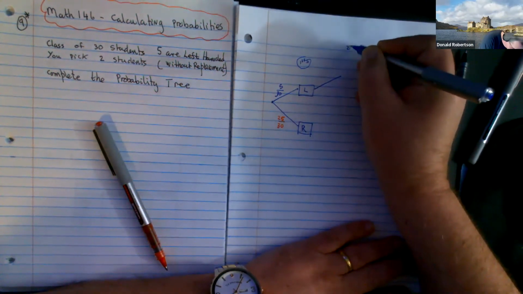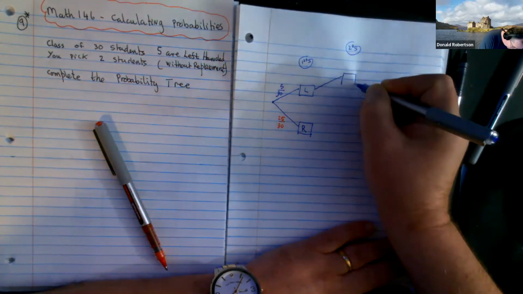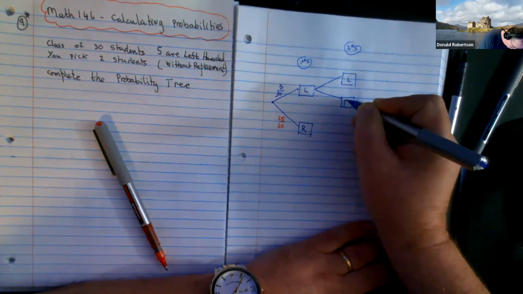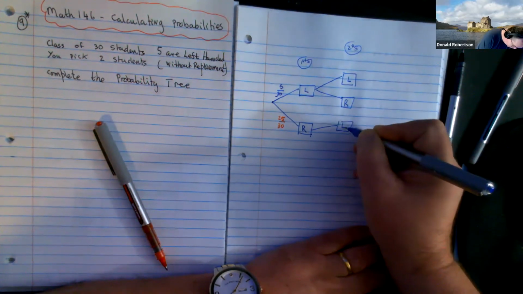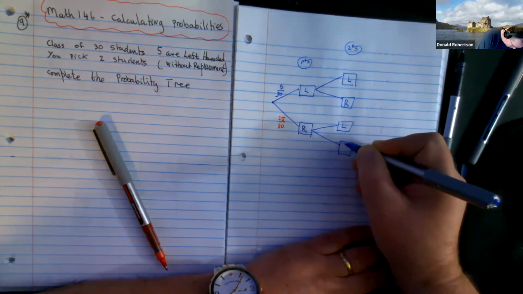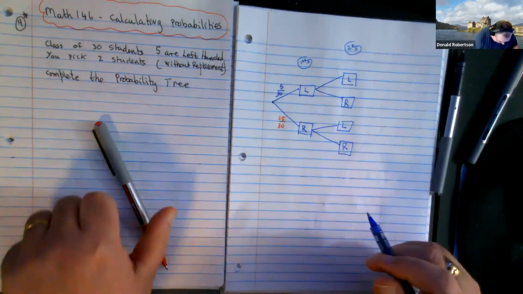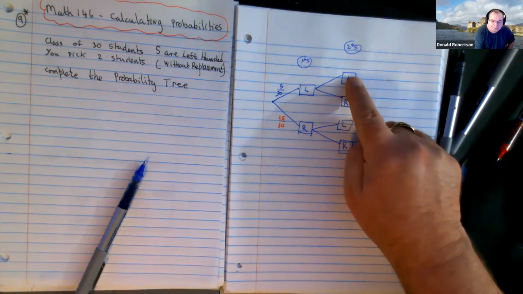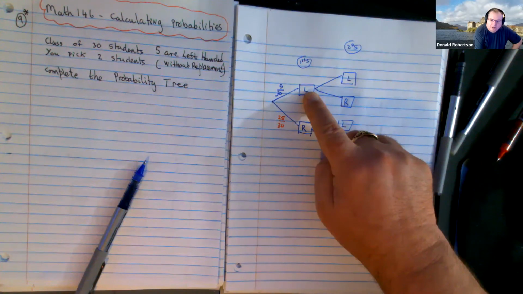So we'll do the second now. And that second student could be left-handed, or they could be right-handed, or they could be left-handed, or finally, they could be right-handed. Let's see what we've got. Let's do this student here. If you follow the tree backwards, a left-handed student has already been picked.